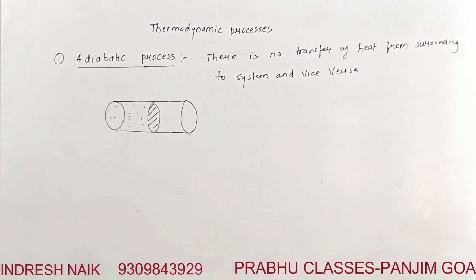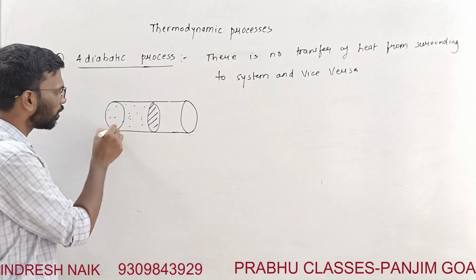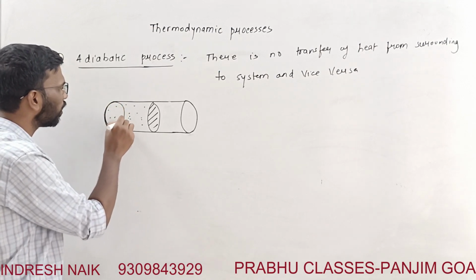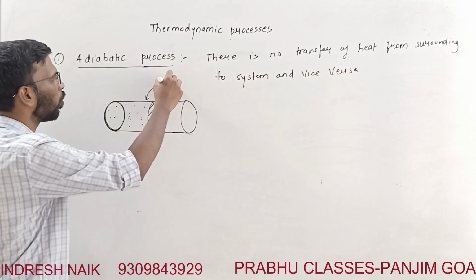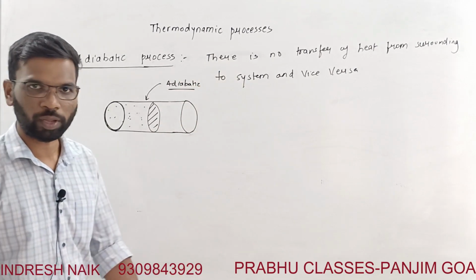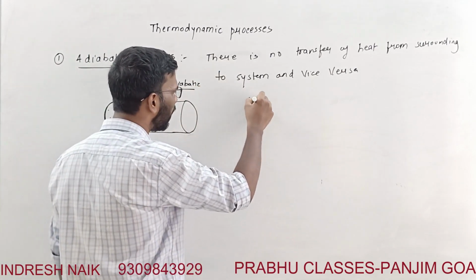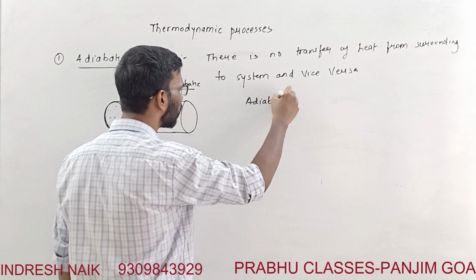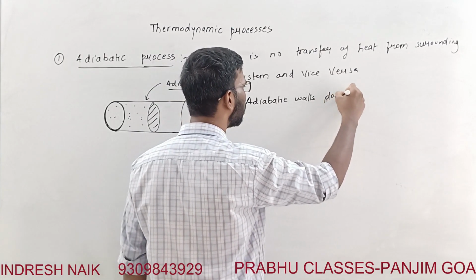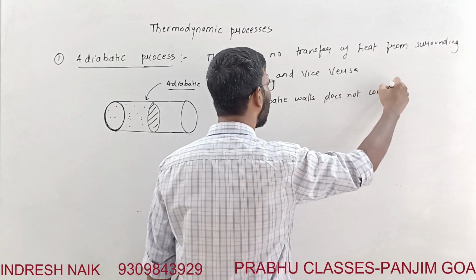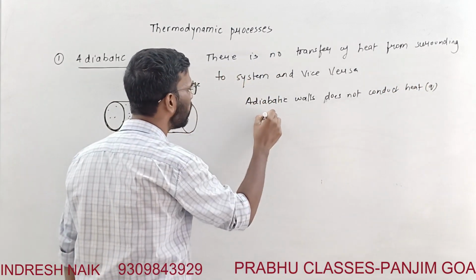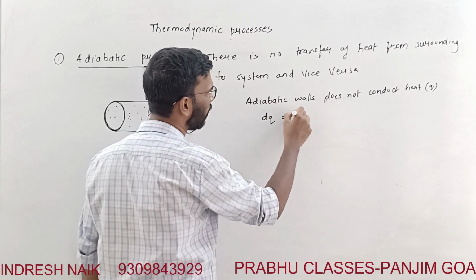Now the whole cylinder wall is adiabatic. What is the meaning of an adiabatic wall? As discussed before, adiabatic walls do not conduct heat, so dq, the difference in heat, is equal to 0.